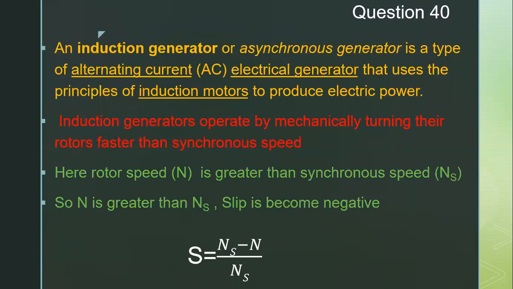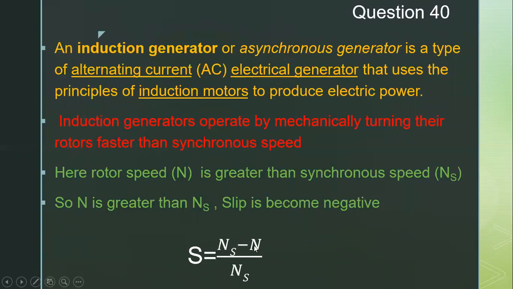Normally, considering a 4-pole machine, the synchronous speed is 1500 RPM. In normal condition, the rotor rotates at 1400 RPM. By using some arrangement connected to the rotor, you make it run greater than 1500 RPM.